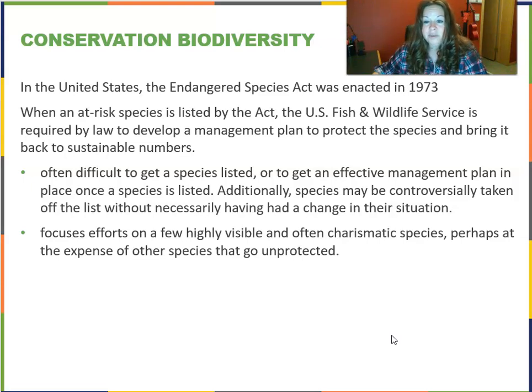Additionally, species may be controversially taken off the list without necessarily having had a change in their situation. It focuses efforts on the few highly visible species that are maybe charismatic or that people care about. So perhaps the other species then go unprotected at the expense of these charismatic species. So what we're saying here is that even though these legislations are enacted, they're not perfect.